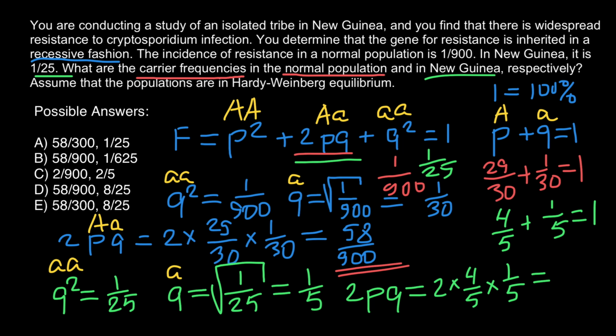And in this case, we are going to get 8/25, and this is going to be the answer to the second part of the question. So here is the answer to the first part of the question, and many answers have this number, but the answer to the second part of the question gives us only one choice, and this is going to be answer D.